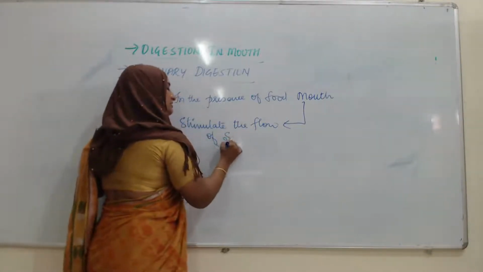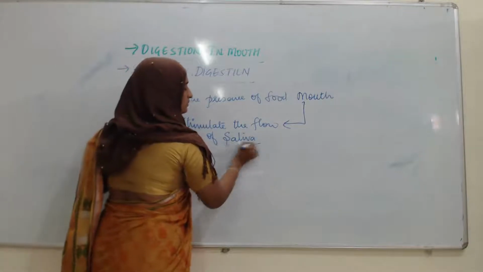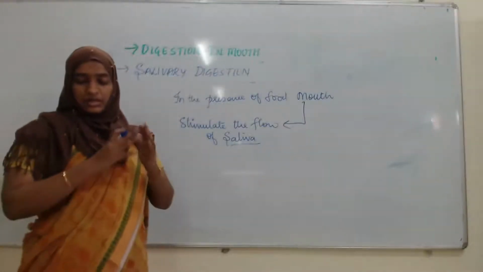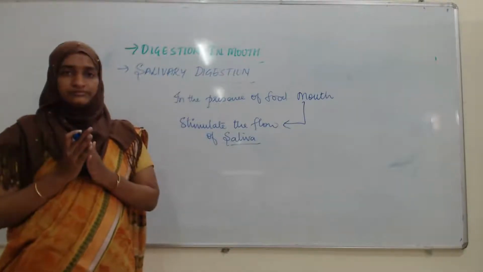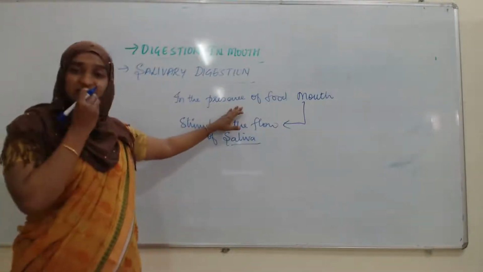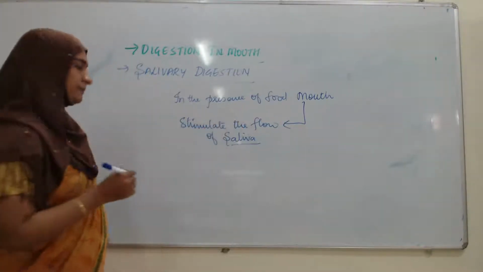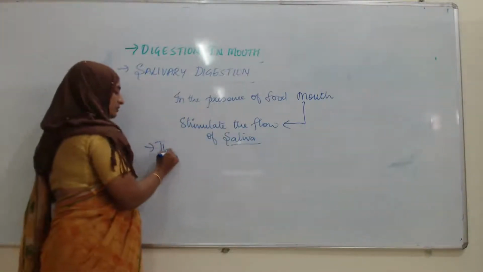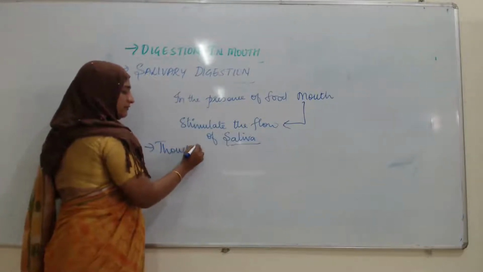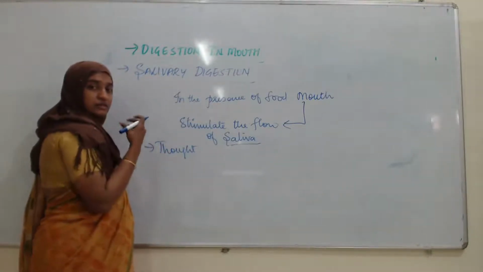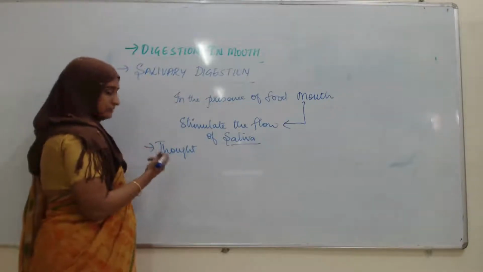Not only the presence of food inside the mouth will secrete saliva, but also the thought of food. If you are remembering any food item in your mind, then immediately salivary secretion is going to take place.